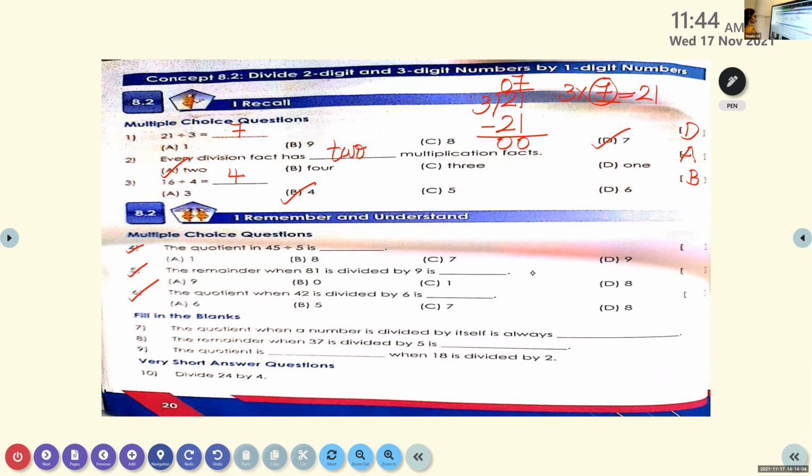In the fourth and sixth, you have to write the quotient on the dash, and in the fifth one, you have to write the remainder. If you have the rough book, do all the questions in it and find the answers.